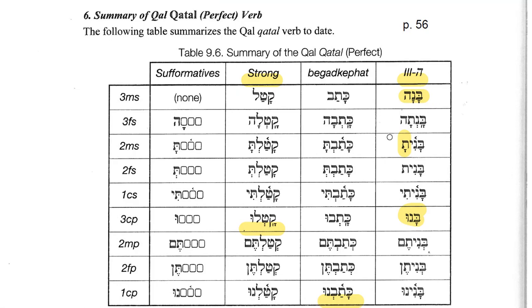And actually we're looking at bana, interestingly, so it's showing up right in our chart the way we see it in our sentence. Here we have banitem, banitem. So that is our second masculine plural, Qal Qatal.